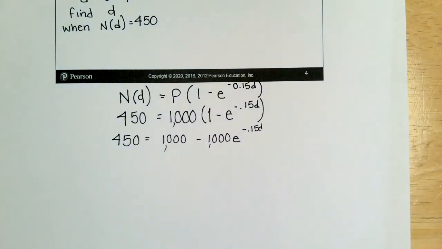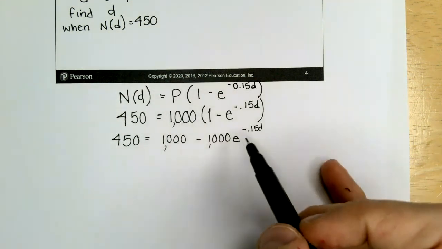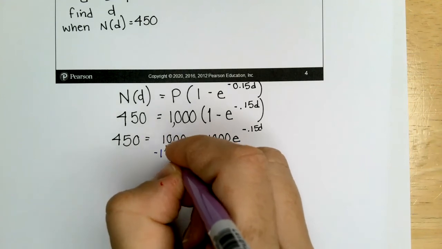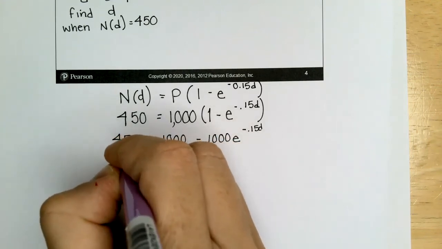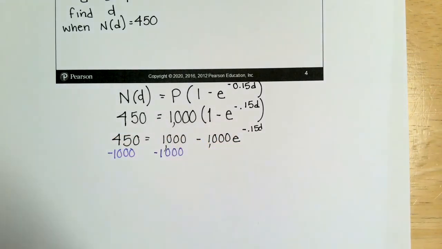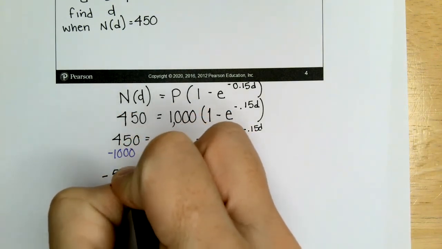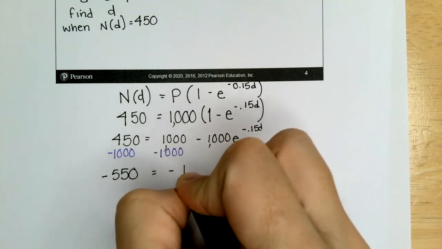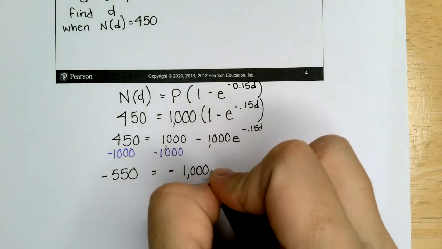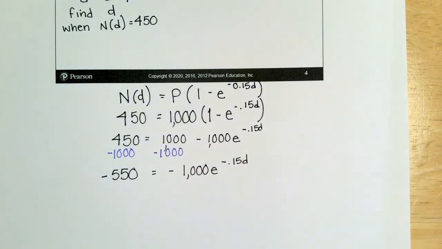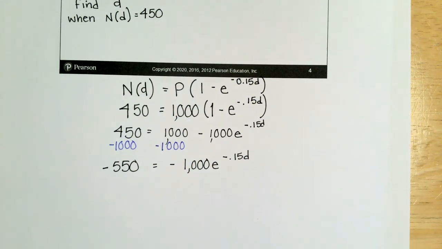I'm going to isolate e because e is the only thing that has the exponent. The 1,000 is not the exponent. So I'm going to subtract 1,000. 450 minus 1,000 is negative 550 equals negative 1,000 e to the negative 0.15D. Divide by negative 1,000.